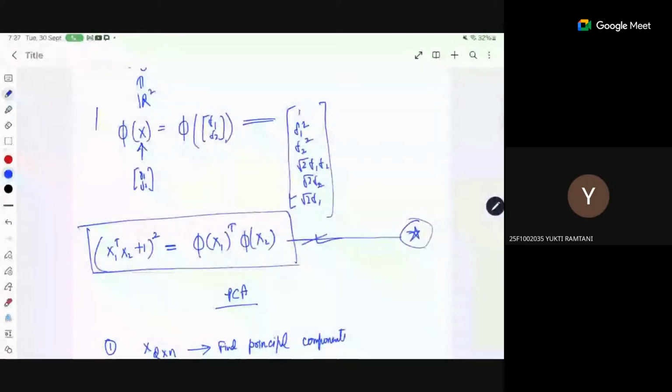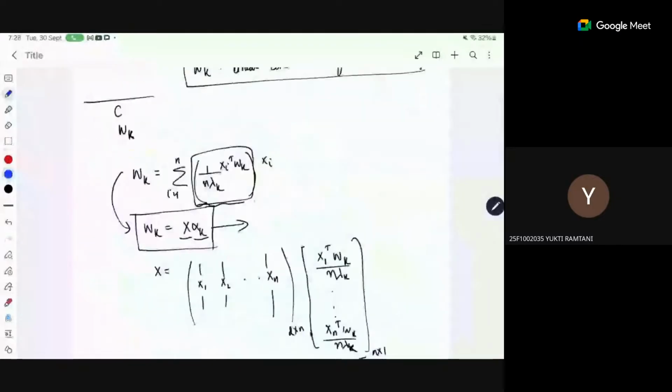When my xi was in R2 and my phi of xi turns out to be in R6, once we calculated this function, we got it in the form of phi of x1 transpose phi of x2, right?